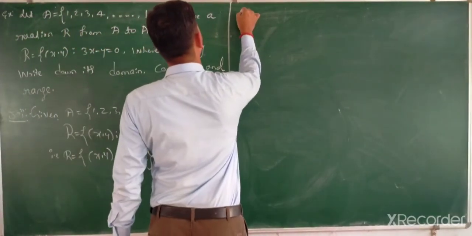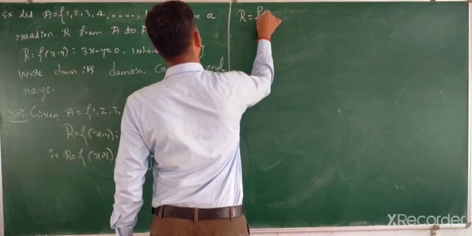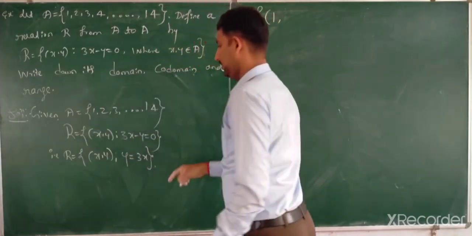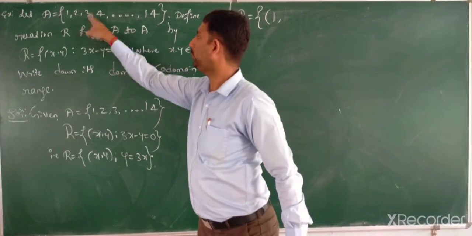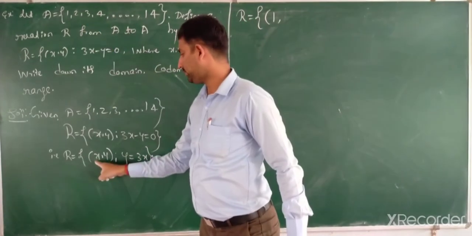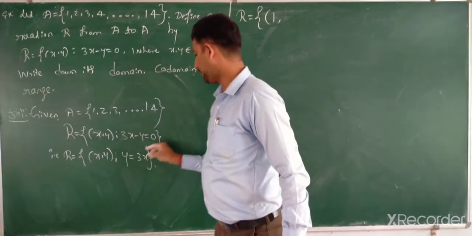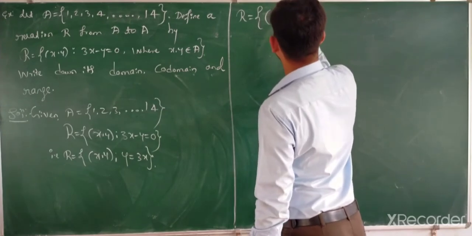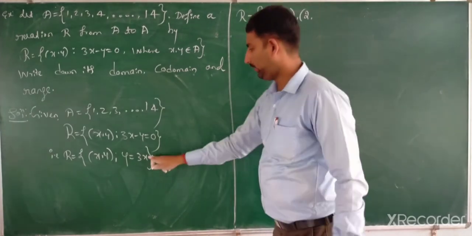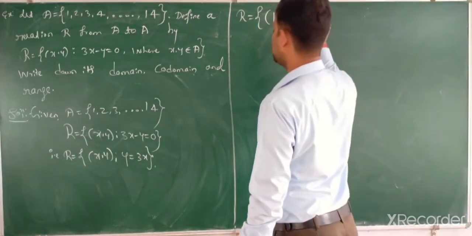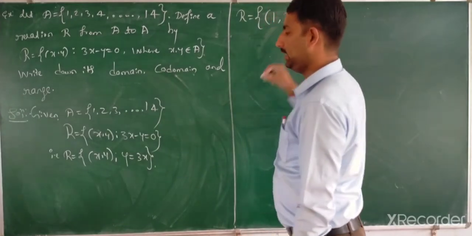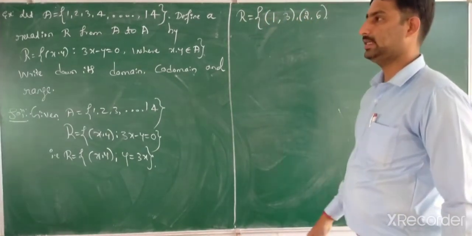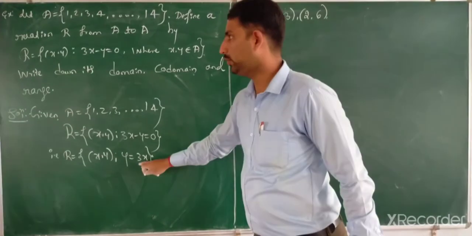Now R is equal to, out of elements 1 to 14 you have to collect: if x is 1, y should be 3, so (1, 3). If x is 2, y is 6, (2, 6).